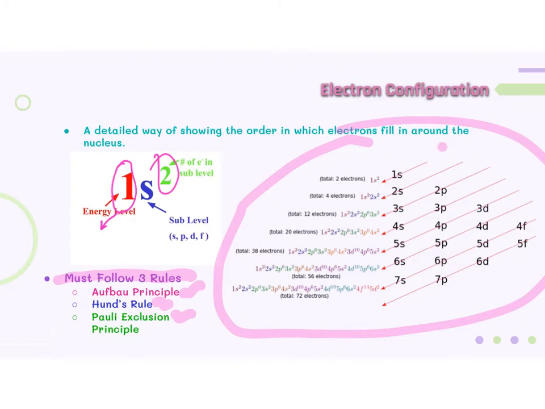So we start here and we fill going 1s, then we start back up here, 2s, 2p, 3s, 3p, 4s, 3d, 4p, 5s, 4d, 5p, 6s, and so forth. So you fill your electrons going that way. And how we know how many electrons to fill is based on what we learned a couple lessons ago, with however many electrons a neutral atom has.